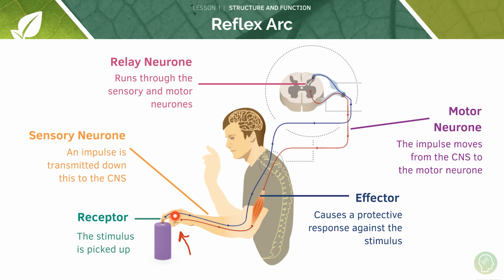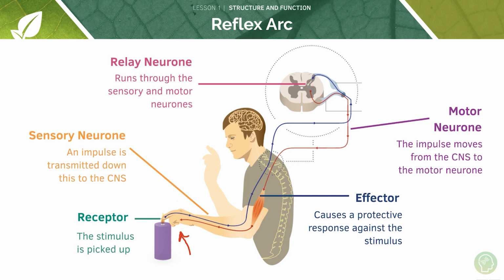So this guy's put his finger into a candle, and that's going to be hot, and so he's going to have a reflex arc that's going to involve the impulse travelling through the sensory neuron to the CNS, so through the spinal cord, where it will synapse with a relay neuron.